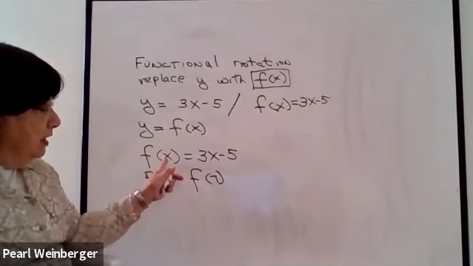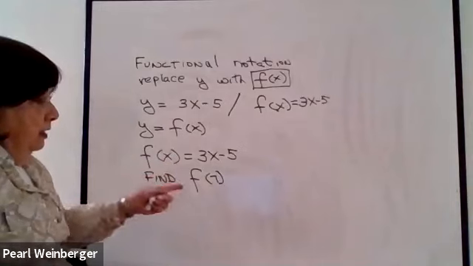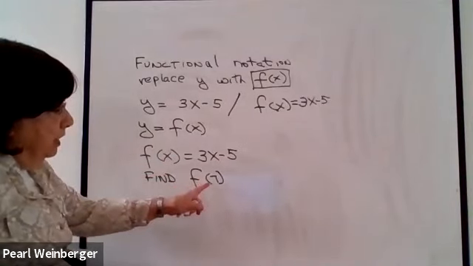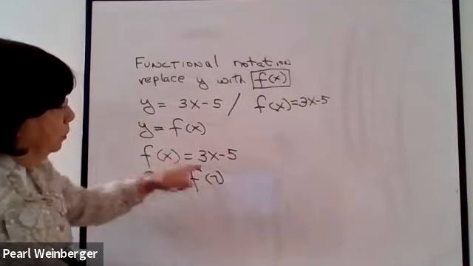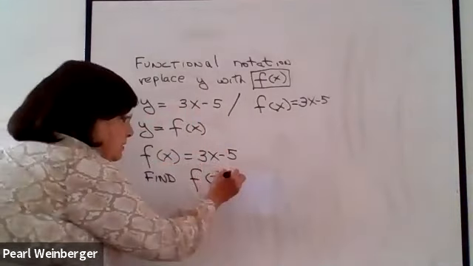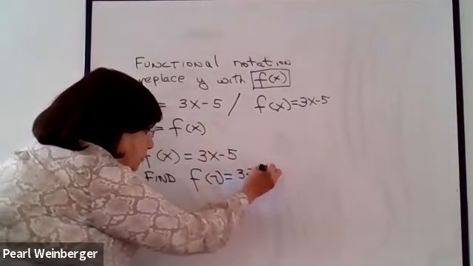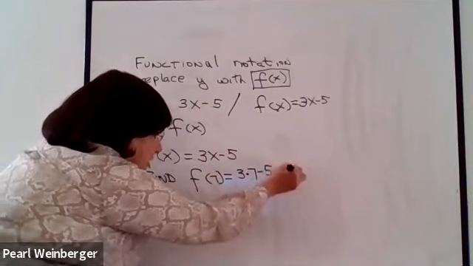In other words, I can take this x and replace it by a number. What that will tell me to do is that wherever I have an x on the other side of my equation, I replace the x by 7. In other words, this will be 3 times 7 minus 5, which is 21 minus 5, which is 16.